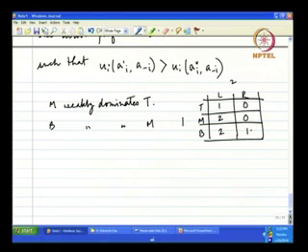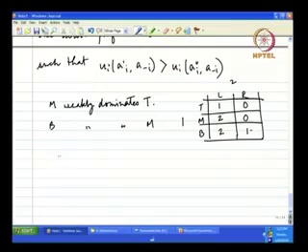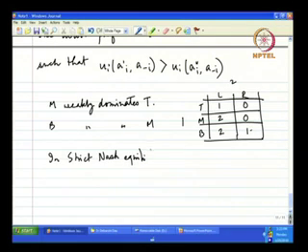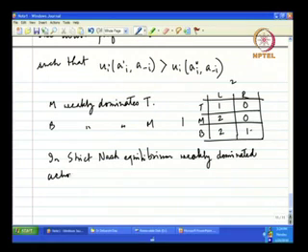Are weakly dominated actions played in Nash equilibrium? Well, there are two results here. One is that in strict Nash equilibrium, weakly dominated actions are not played.